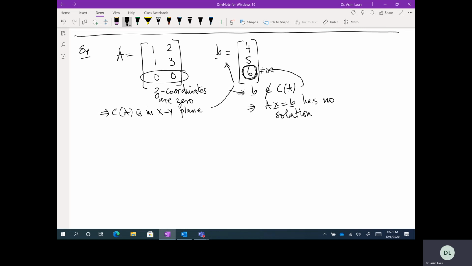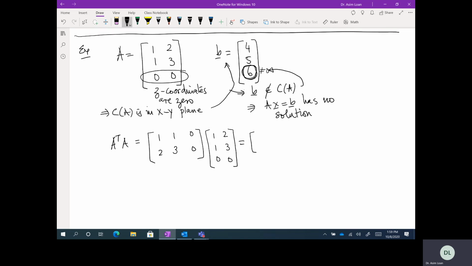Okay. If this has no solution, let's find A transpose A. So A transpose A is [1 2 1; 3 0 0] times A, which is [1 1 0; 2 3 0].